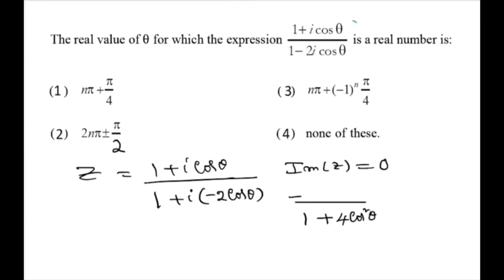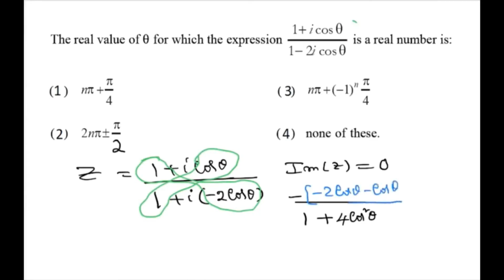In fact, we don't have to write the denominator. Now in the numerator, product of these two. So that is 1 into minus 2 cos theta minus 1 into cos theta. So you get this as minus of (2 cos theta plus cos theta) equal to 0.